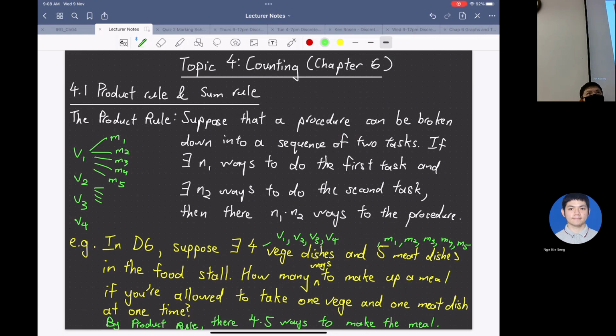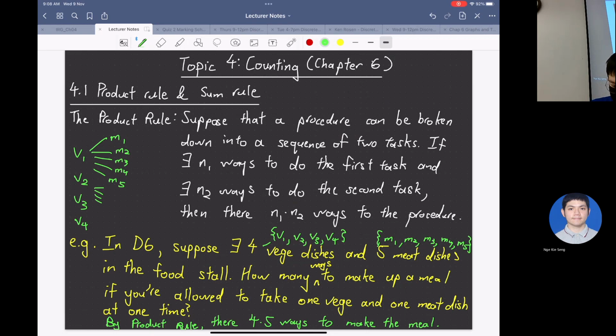It's like the Cartesian product. You take the Cartesian product of 2 sets. One set is veg, the other set is meat, and the cardinality of the Cartesian product is the product of the individual set sizes. Okay, product rule.